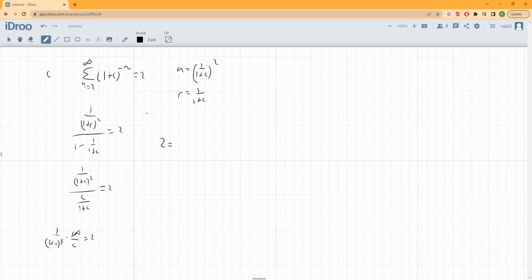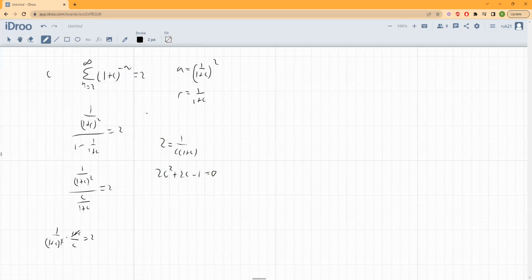So then 2 is equal to 1 over c times 1 plus c. So then what do we get? If we multiply both sides by c times 1 plus c, we get 2c squared plus 2c minus 1 is equal to 0.